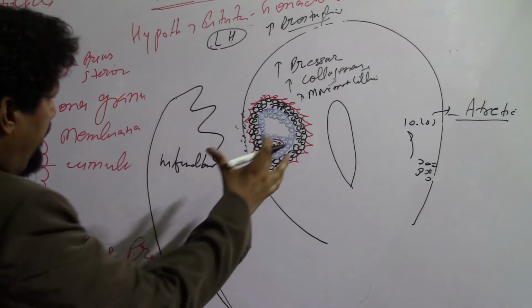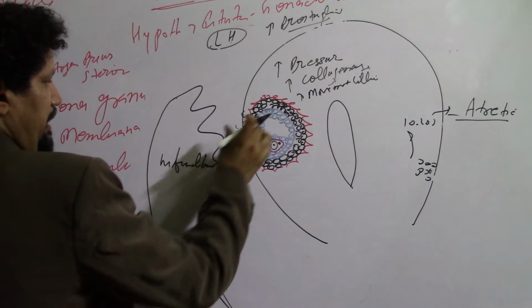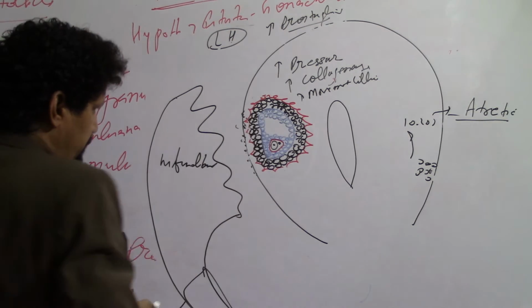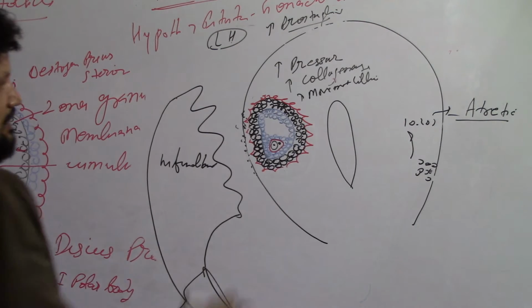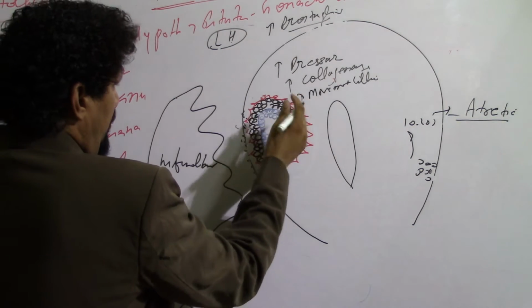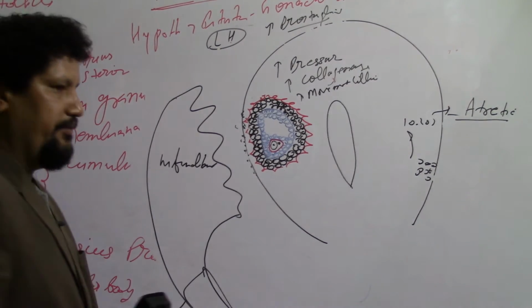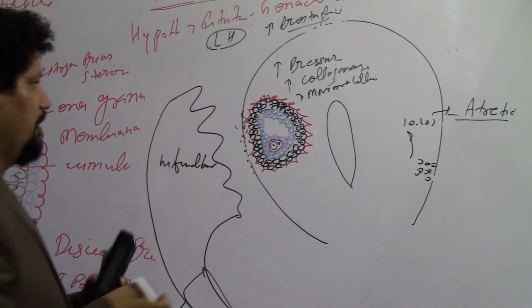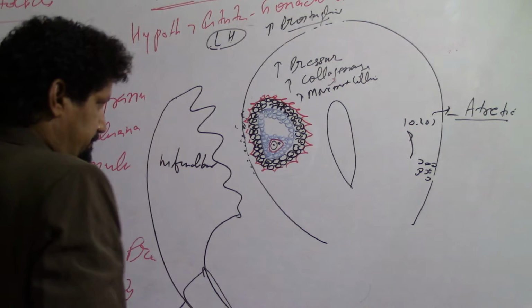So all these factors will induce ovulation: by melting the collagen, by increased contraction of smooth muscles of the ovary, by fimbria movement, and by increased pressure of the follicle from inside due to increased level of LH. This LH will also rapidly proliferate the granulosa cells and theca cells.